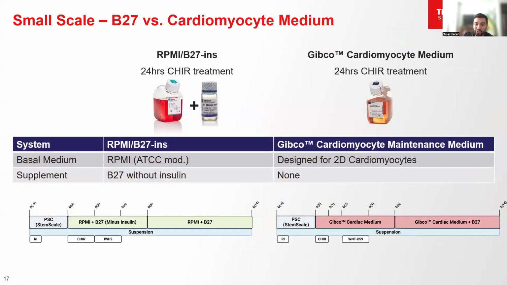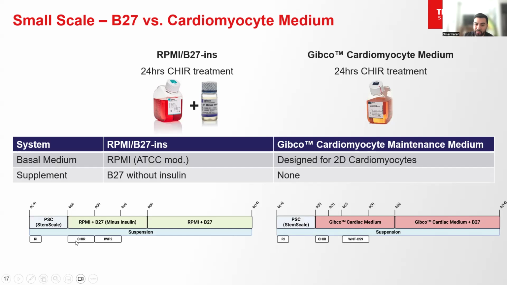Finally, I mentioned to you that the original differentiation protocols used basal media like RPMI that was supplemented with the B27 supplement, initially without insulin and then with insulin. But our team also wanted to ask whether a basal media that was specifically designed for cardiomyocytes would be more appropriate in this particular case.